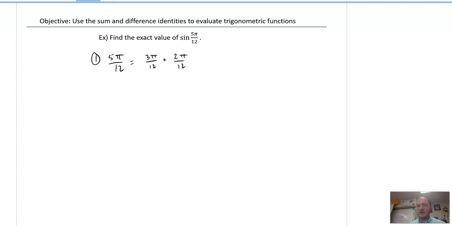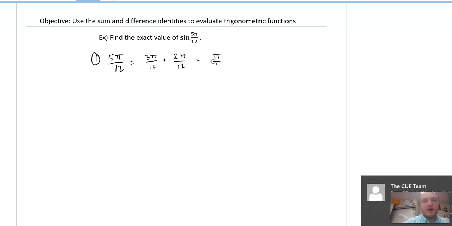And after a while, you'll start to get the hang of what fractions can make up this angle. So 3 plus 2 makes 5. And just to know the unit circle angles, I can reduce. So 3 pi over 12 gives me pi fourths, plus pi sixths.